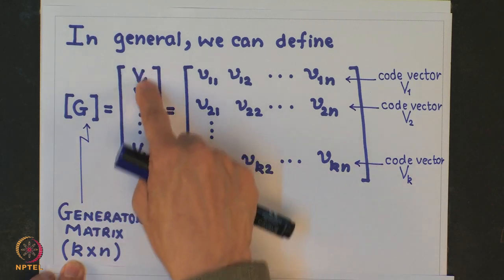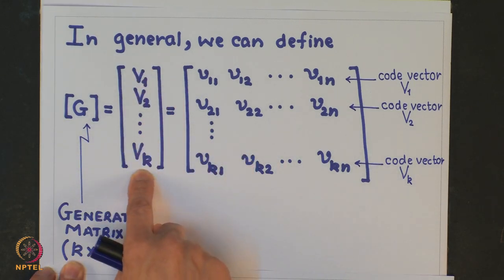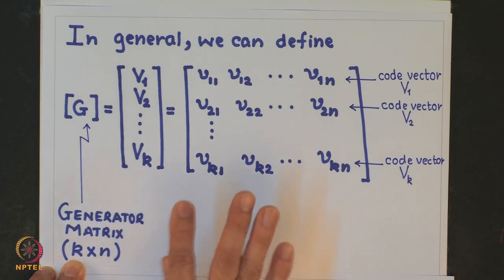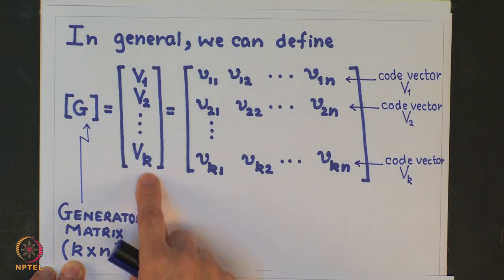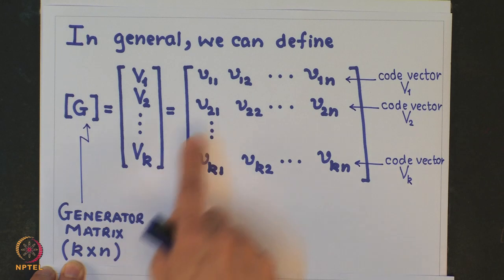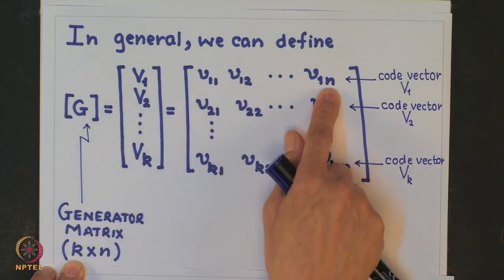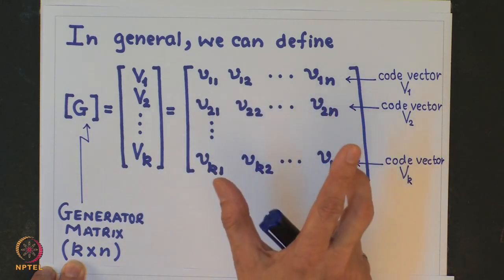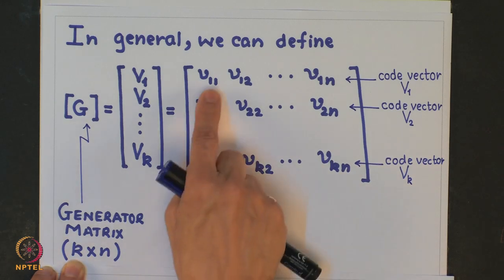The k rows correspond to the k independent vectors which form the basis of the subspace, and each of these vectors has n components because the code vectors are n-tuples.